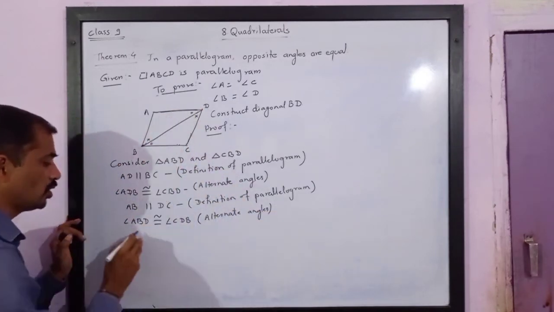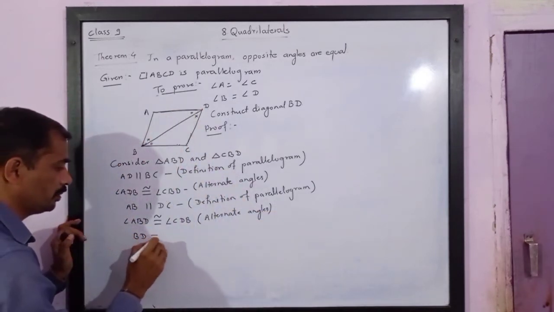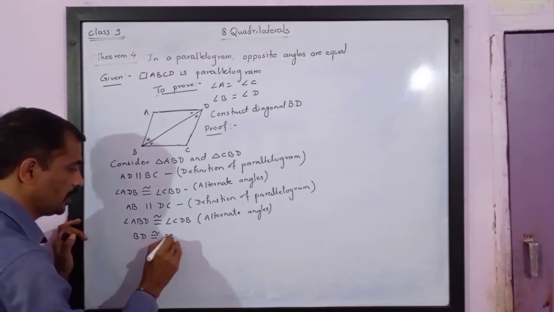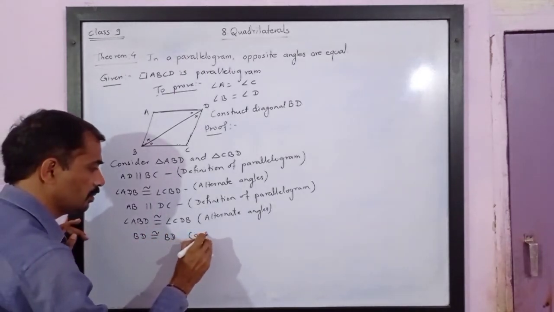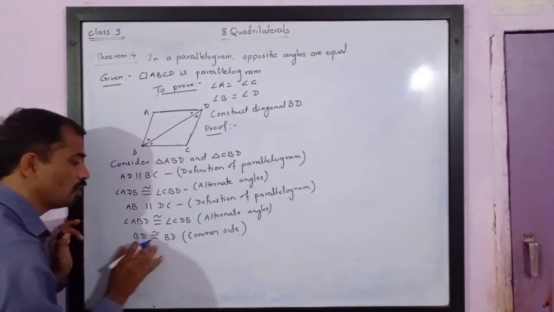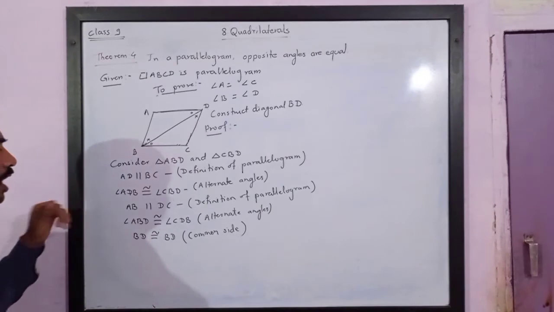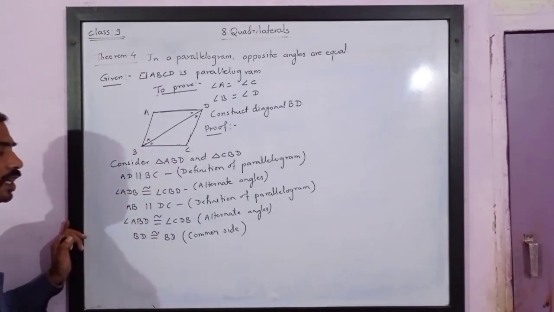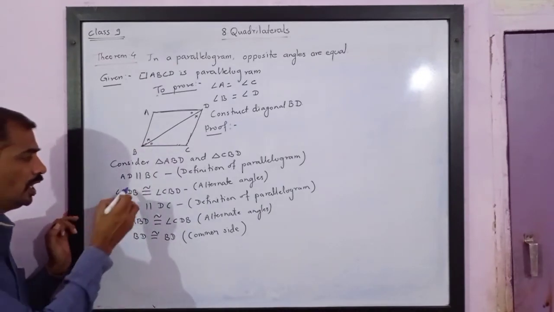Now BD is a common side, so BD is congruent to BD. It is a common side. Every segment is congruent to itself. Now watch carefully what we have got. Before writing the congruency, we need to write one-to-one correspondence.